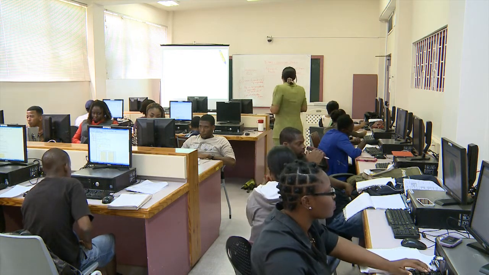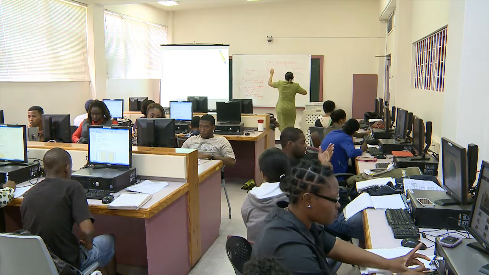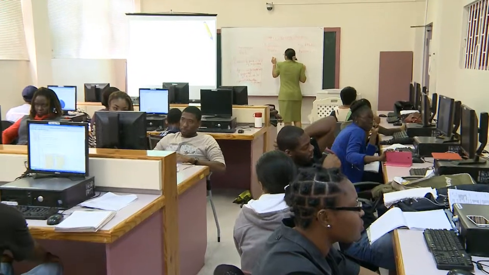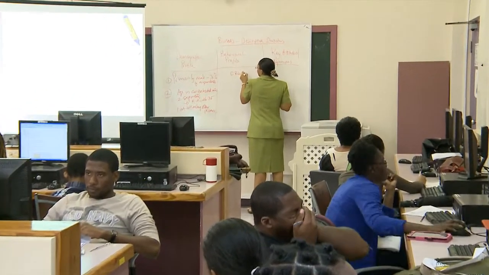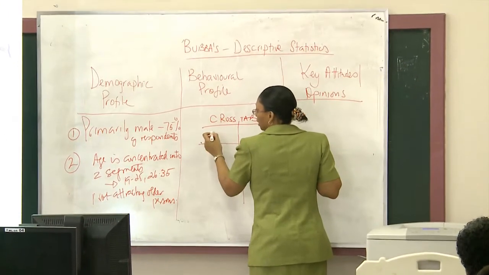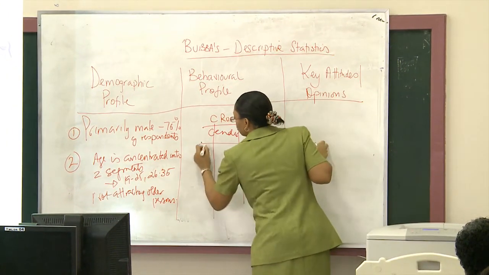So they will have to look at a relationship and run a cross tabulation, where they might put gender up here and then age ranges down here.